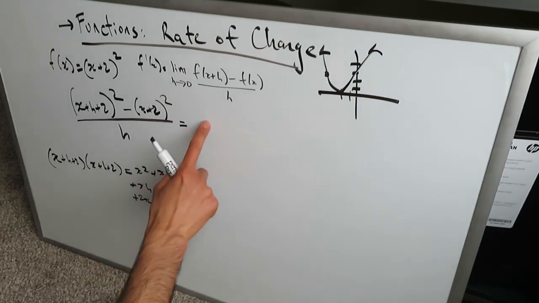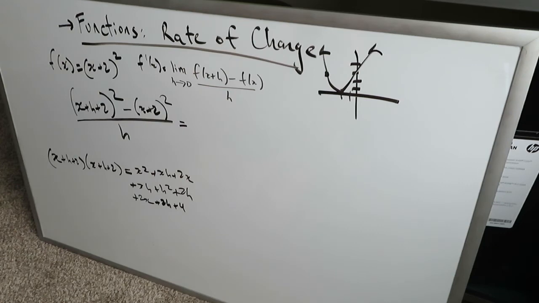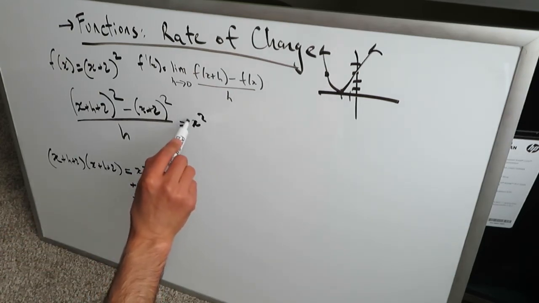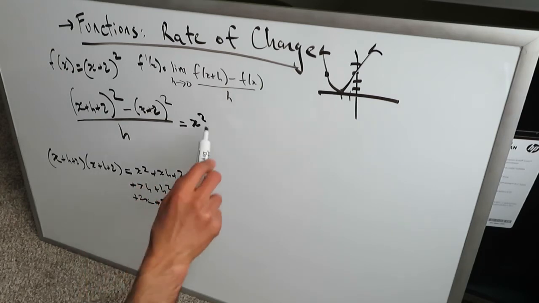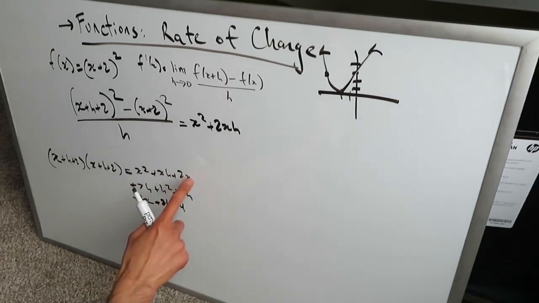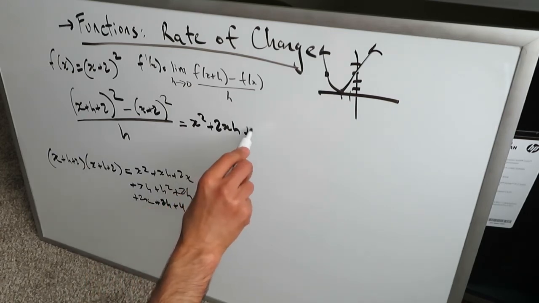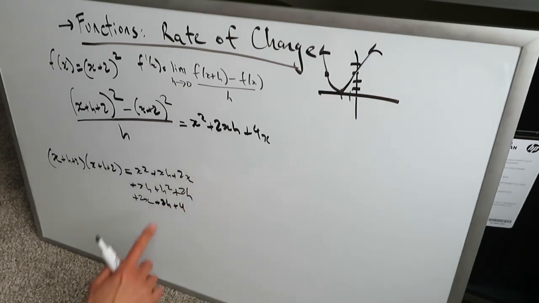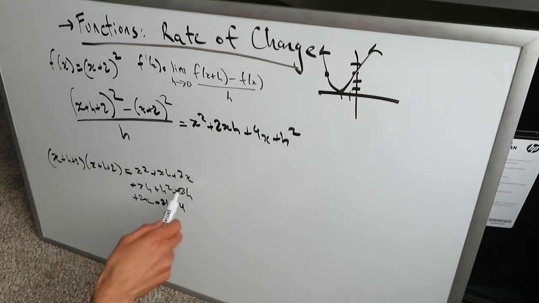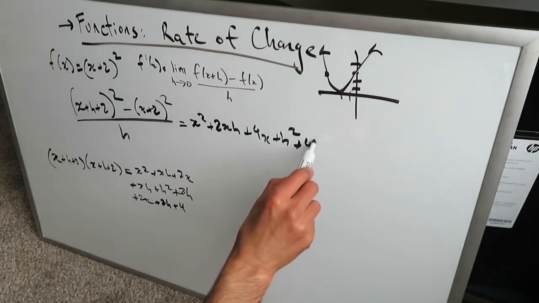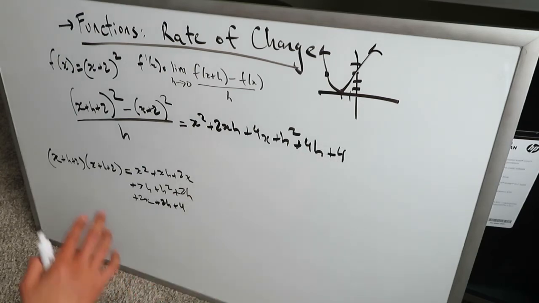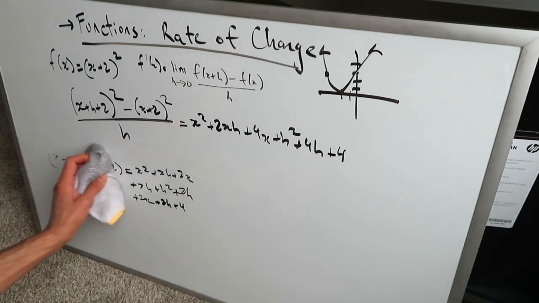I'm going to write this out neatly over here, just the expansion of this part with the terms already combined. I have an x squared, and that'll stay as an x squared. I have an xh and an xh, which I'll combine as a 2xh. I have a 2x and a 2x, which I'll combine as a 4x. I have an h squared, which will stay on its own. Then I have a 2h and a 2h, which will add up to a 4h. And lastly, I have a plus 4. So this right here is the first term expanded out.